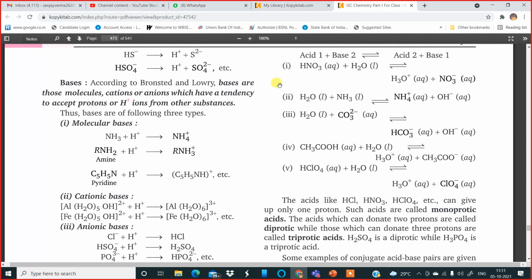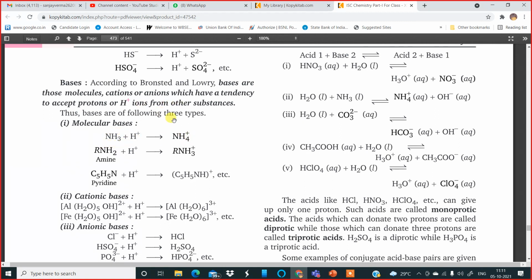Now, according to the Bronsted-Lowry theory, bases are those molecules, cations or anions which have a tendency to accept protons or H plus ions from other substances, rather than release them.